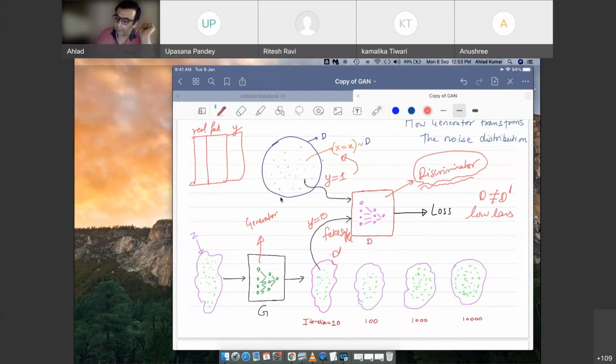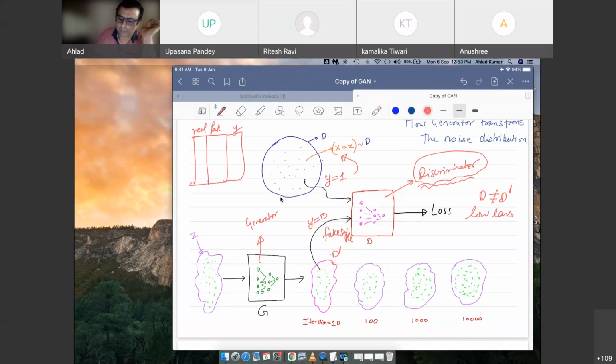But there may be a situation where, as you keep on iterating, from here to here to here, it might be the case that your discriminator becomes poor in understanding whether D dash is the same as D or not.